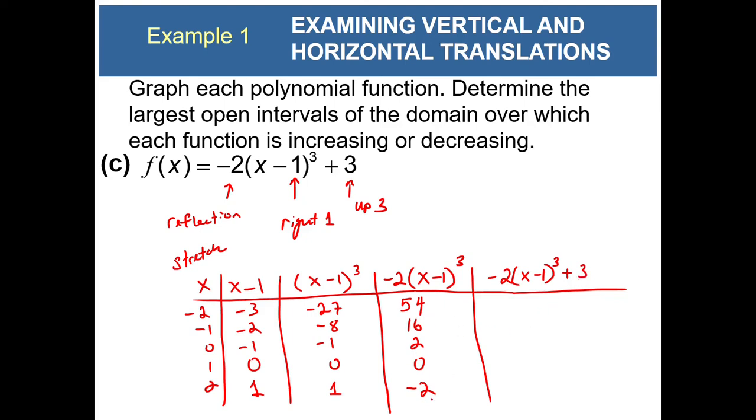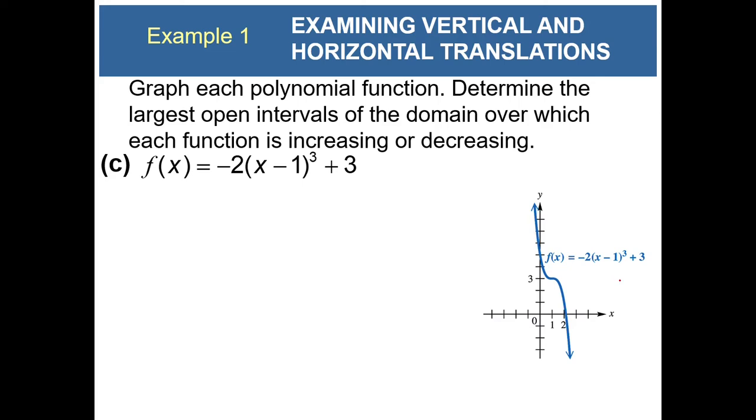So each one of these values, we can add a 3. So 54 plus 3 is 57. 16 plus 3 is 19. 2 plus 3 is 5. 0 plus 3 is 3. And -2 plus 3 is 1. And we'll be able to graph our function.